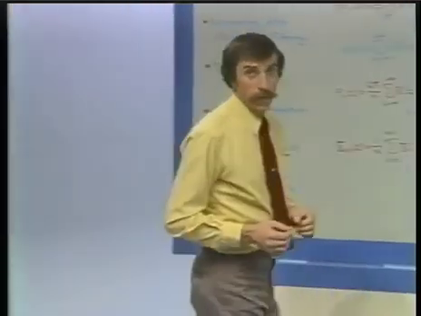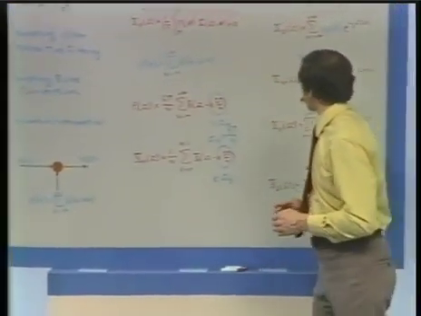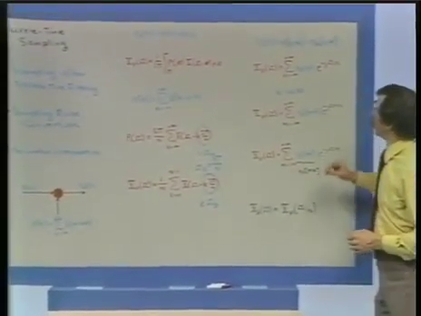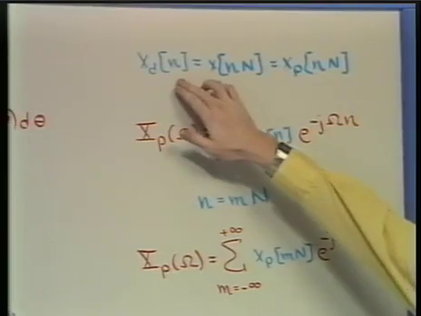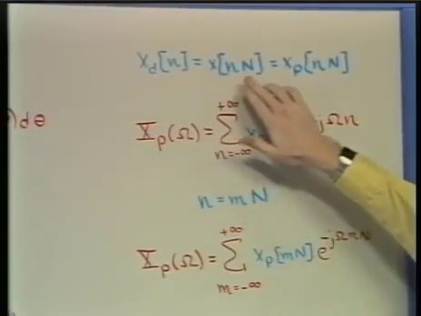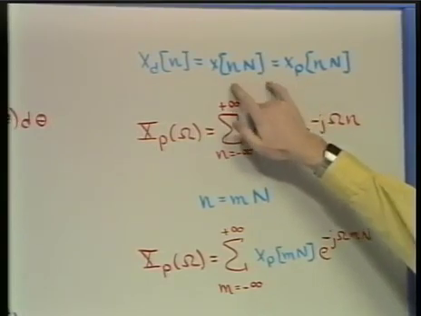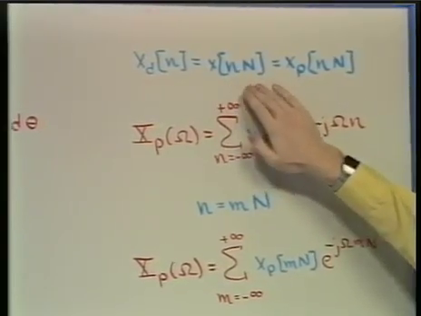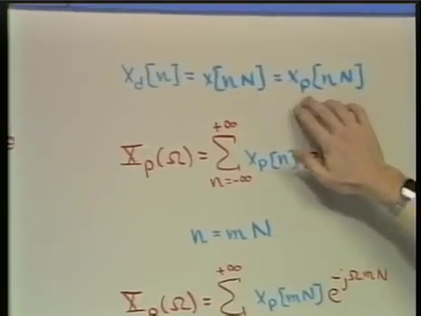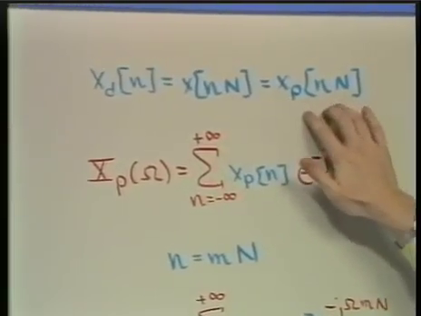So let's look at this in the frequency domain. And so what we have is a decimated sequence which consists of pulling out every capital Nth value of x of n. And of course, we can either decimate x of n or we can decimate the sampled signal.